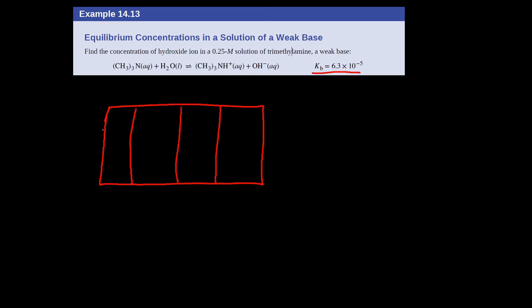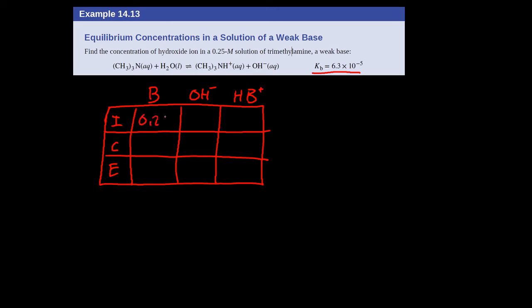So just like with the acid, we will have 3 parts. We'll have our base, we'll have OH minus, and we will have our conjugate acid. Now in the question, we're told we're starting with 0.25 of the base. We're not given any information about these, and so we're going to assume we have none of those.